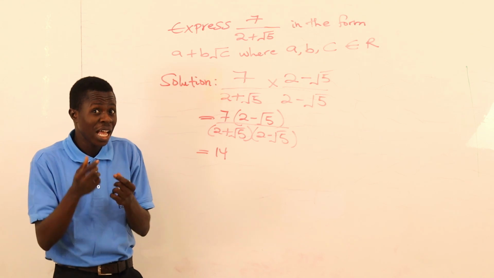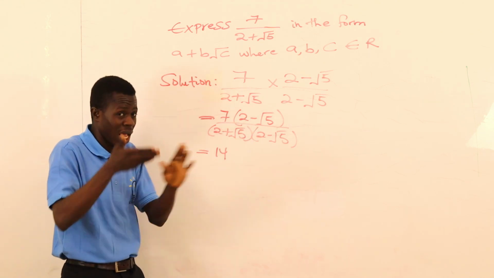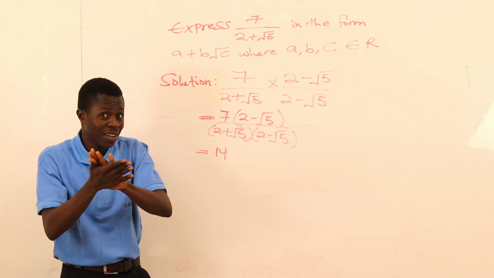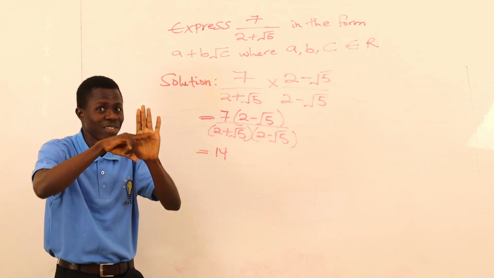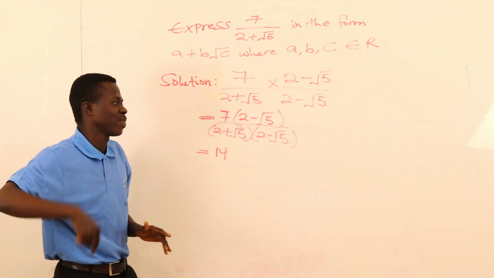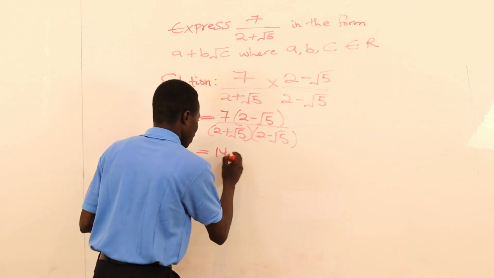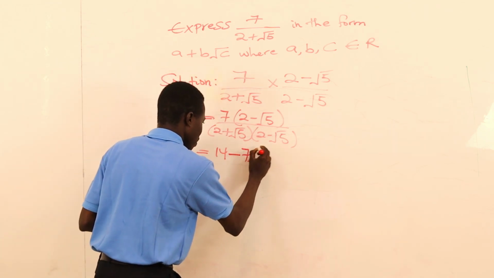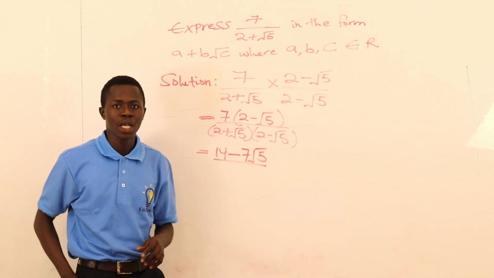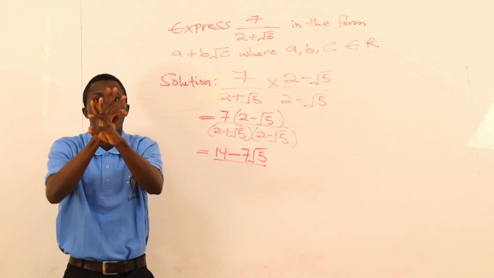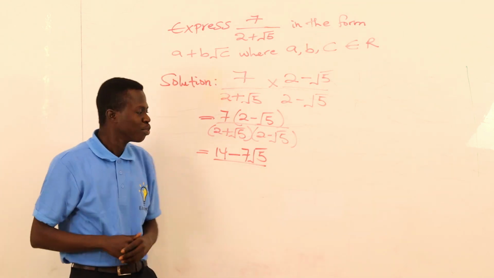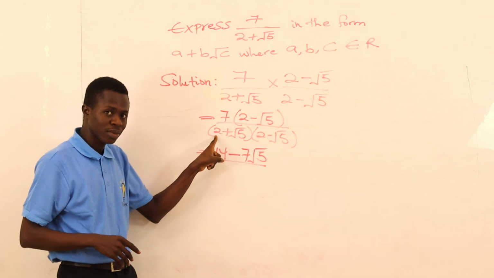Then we multiply 7 by minus square root of 5. What would the answer be? Remember that the number outside the square root sign is minus 1. Multiplying by 7 gives us minus 7 square root of 5. So let's write that as well: minus 7 square root of 5, divided by.